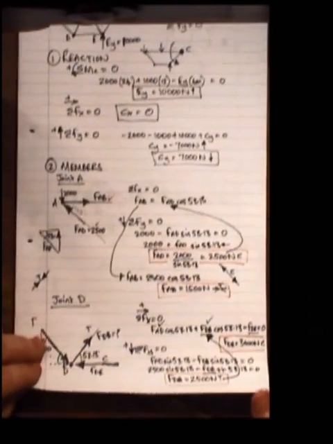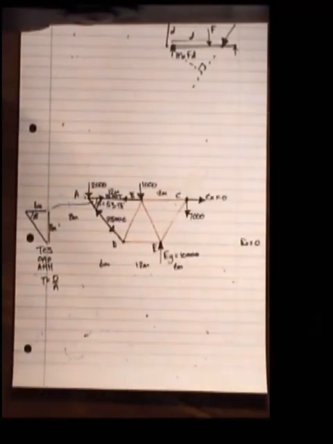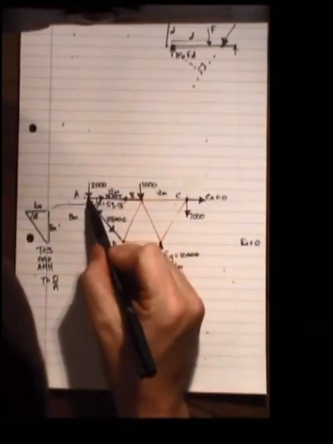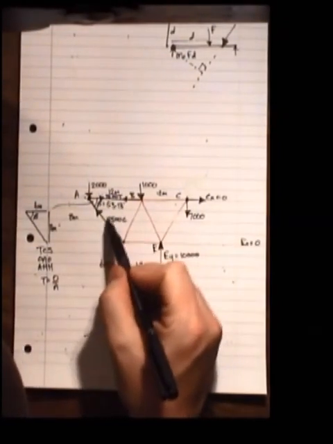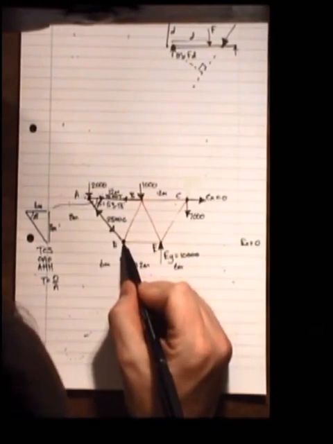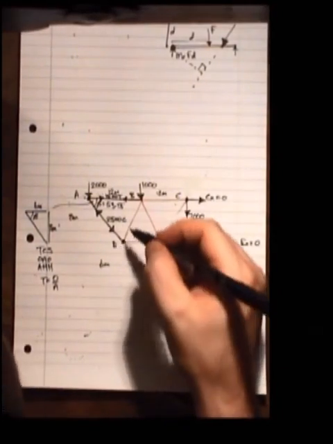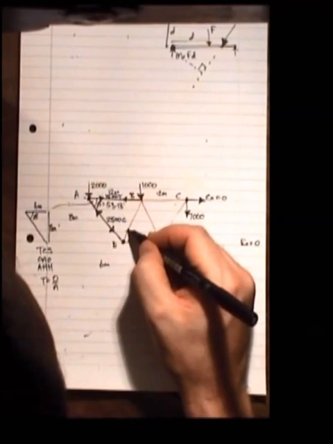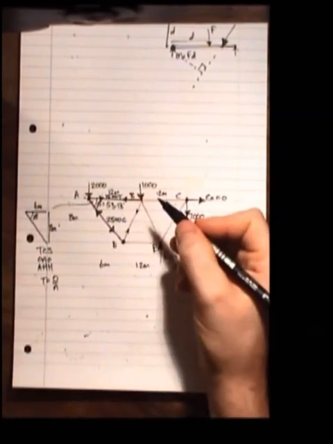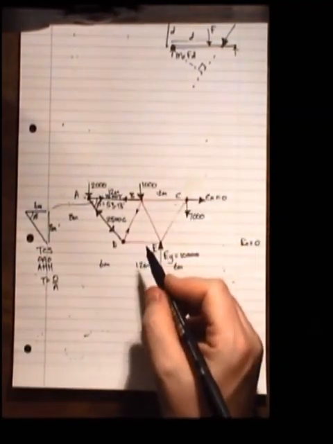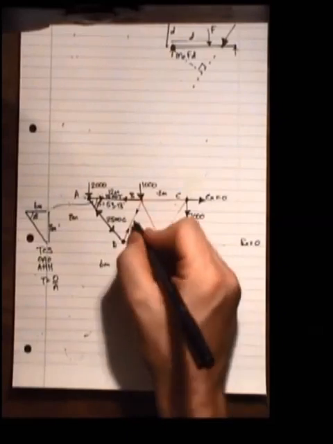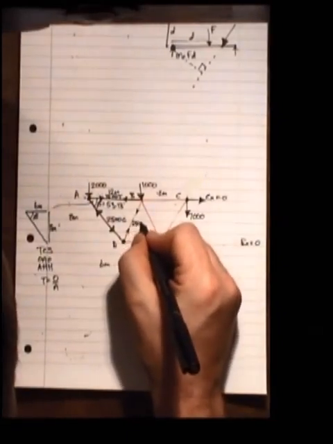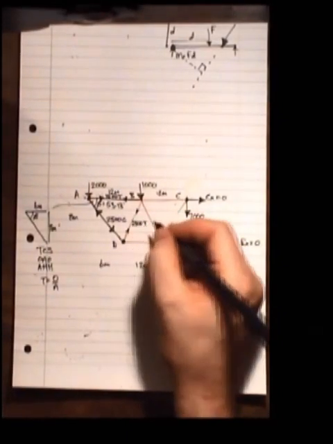Okay, we'll add this information to our free body diagram. So we've just worked out from joint A, we worked out what these two are. We've just moved to joint D. We said that the arrow was going this way, so we've got both of them coming in like that. So FDB is 2,500 in tension.